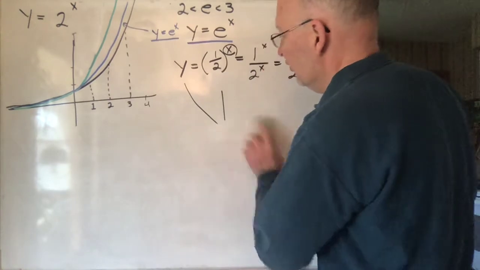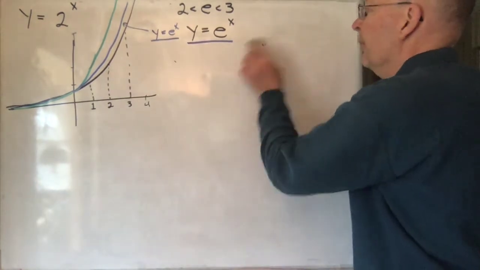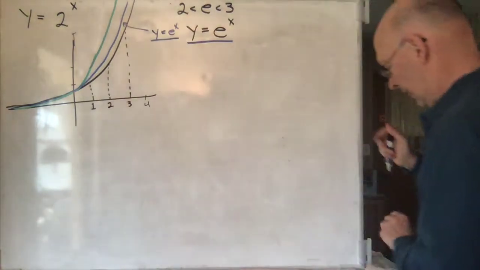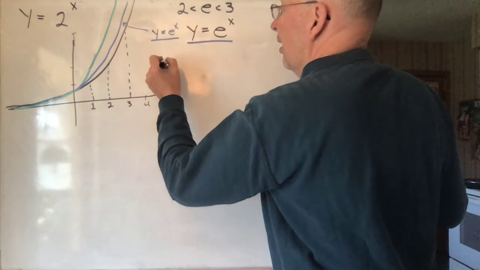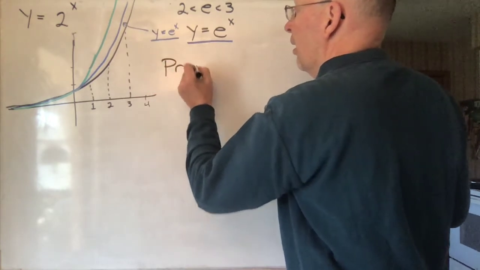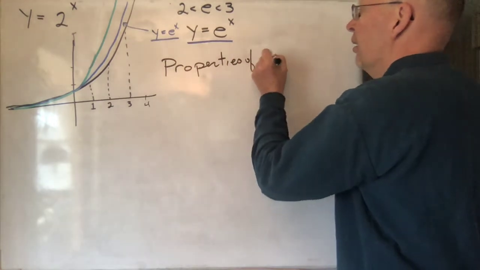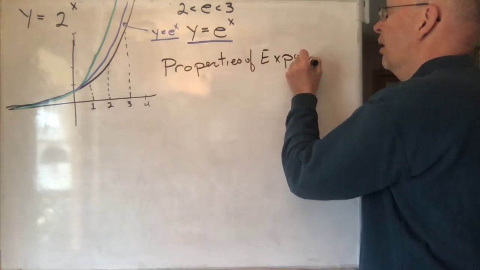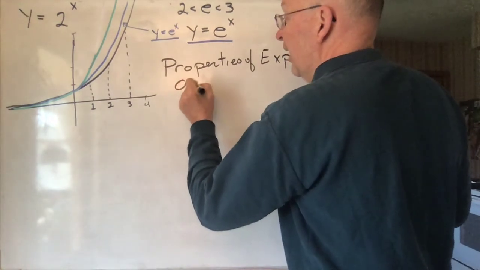Okay, I just mentioned one of the properties of exponents. Let's list all the properties out. There's some important ones. And we'll let a just be any positive number here.